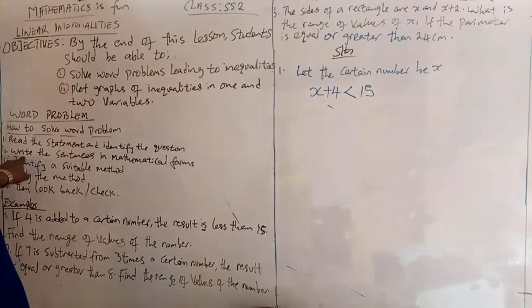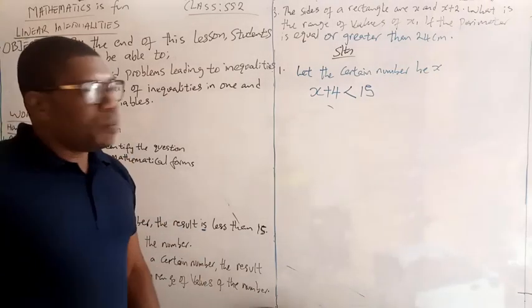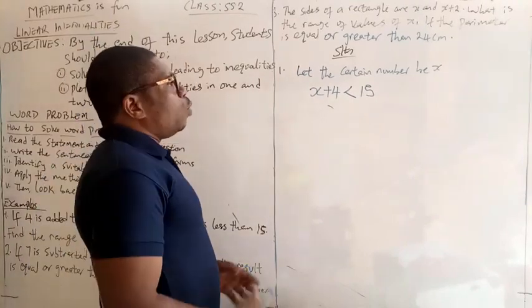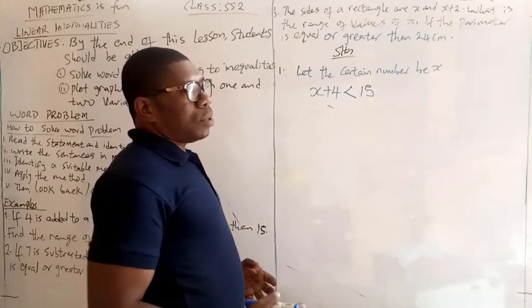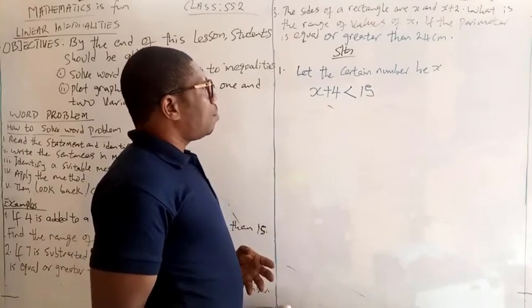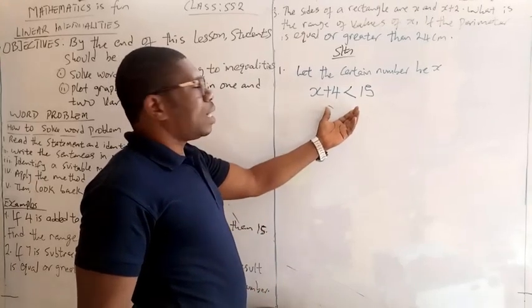I have done 1 and 2. The next one is to identify a suitable method. What method are we applying here? We know this is an inequality, and we have said earlier that the principles we use to solve equations are the same as those we use in solving an inequality.